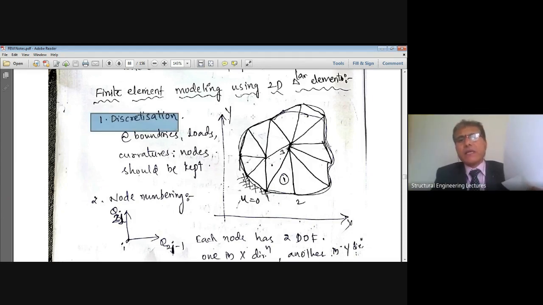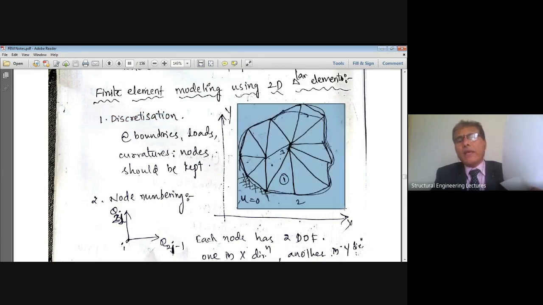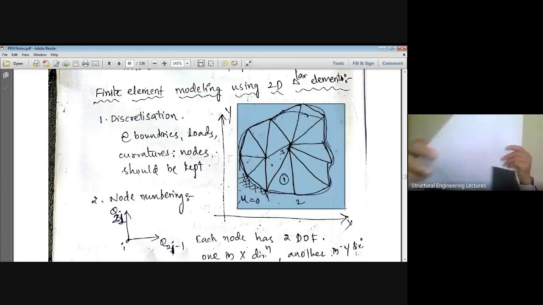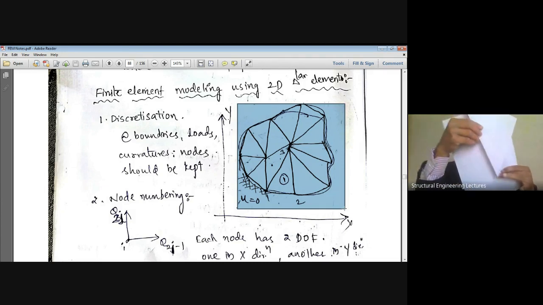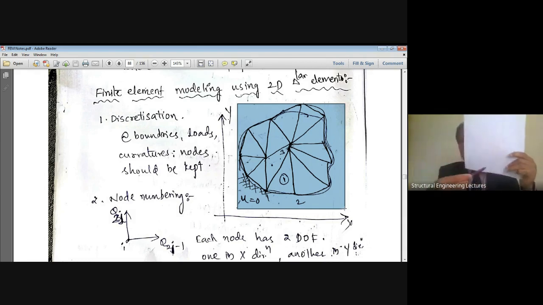It means I'll divide this entire continuum into n number of elements like this. You can see that I'm having this first element, the second element, third element, and so on and so forth. This entire continuum is discretized into n number of small elements, which are called finite, meaning countable number, very small, finite elements.